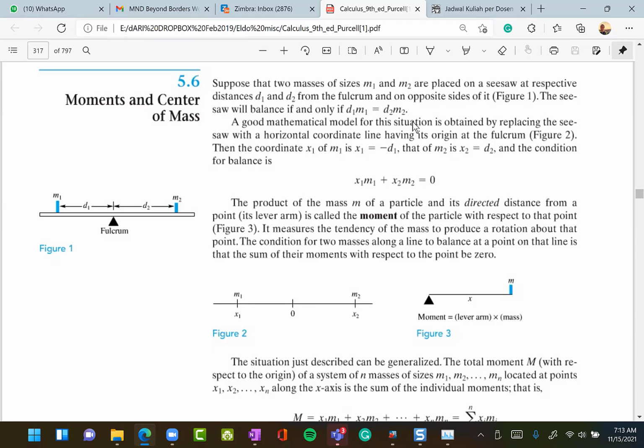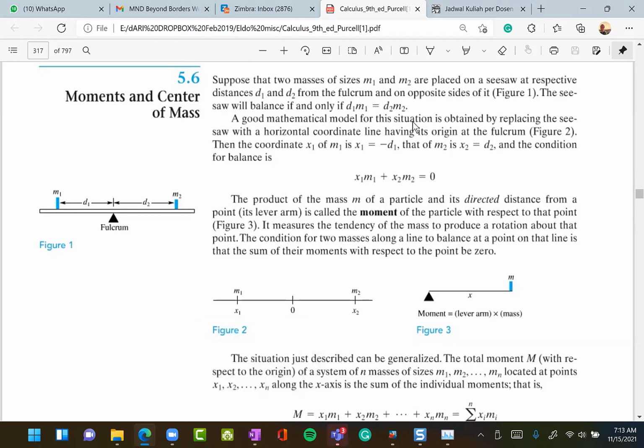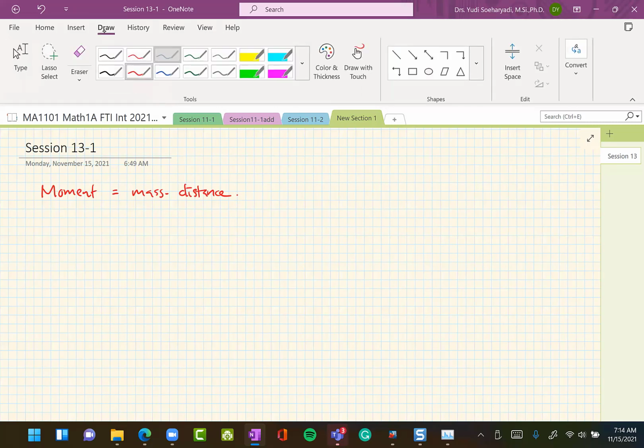Okay, so we call it a moment. Moment basically is a distance times a mass, mass times distance. Basically, that's the thing that we need to know. Let's do this one, for example.